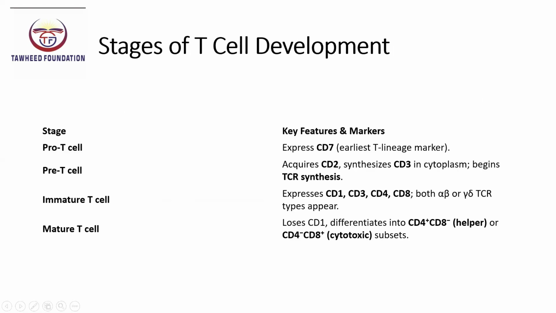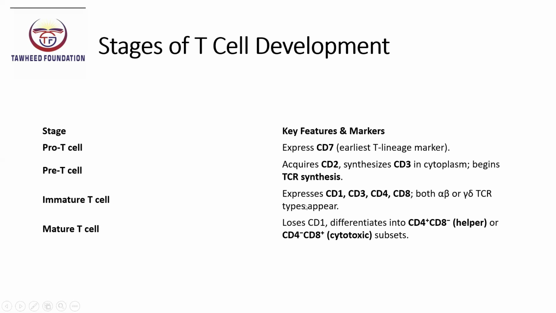Next is stages of T cell development. T cell development involves several sequential stages: pro T cell, pre T cell, immature T cell, and mature T cell. Pro T cell, the earliest stage, expresses CD7. Pre T cell acquires CD2, synthesizes CD3, and begins TCR synthesis.